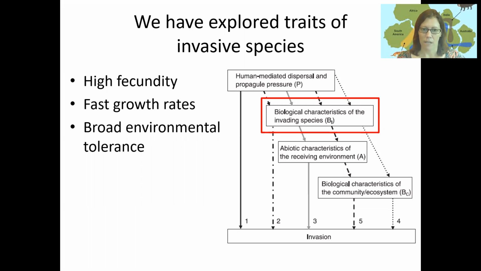We haven't really thought about other kinds of traits of that species, like, for example, what does its evolutionary history look like? Or what does its native range look like? These are things that aren't quite traits, that maybe interact with some of these other pieces too, but that may be important ultimately in the invasion process.